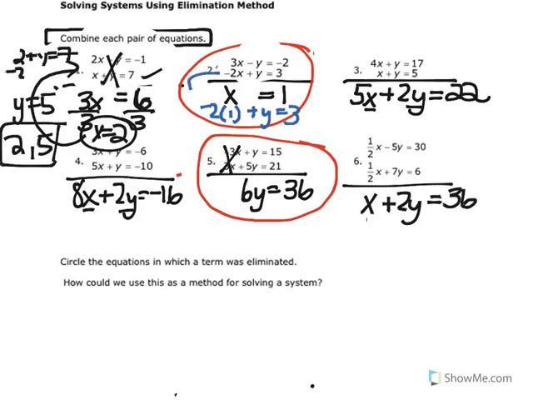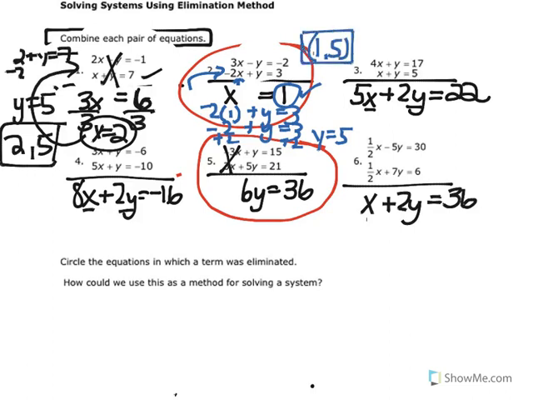I'm plugging this 1 in for the x right there. And so then we have negative 2 plus y equals 3. Add 2, and you get y equals 5. So by eliminating the y's, we were able to solve for x, and then once we had x, we were able to get y. So we have 1, 5 is the solution.